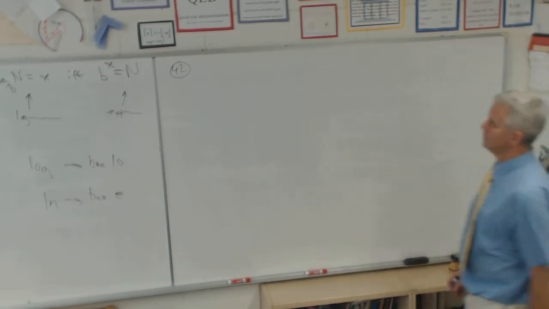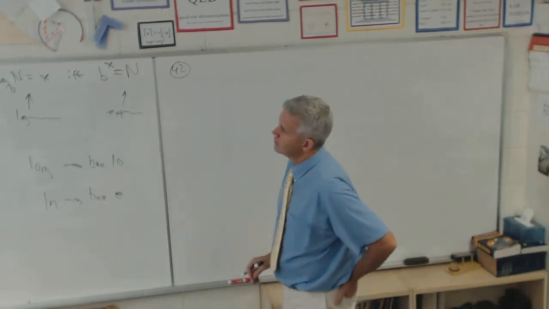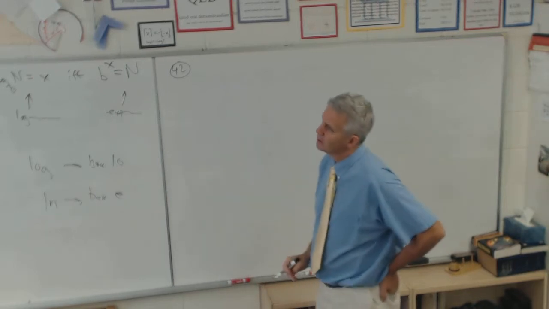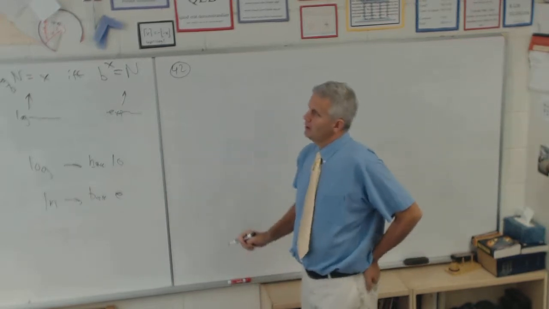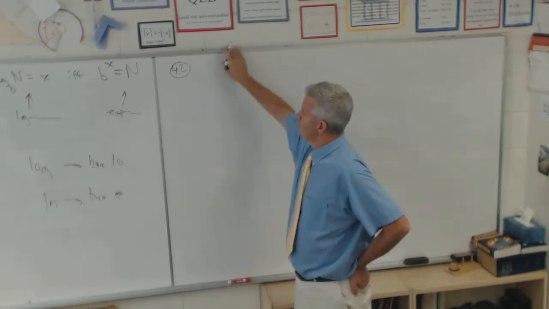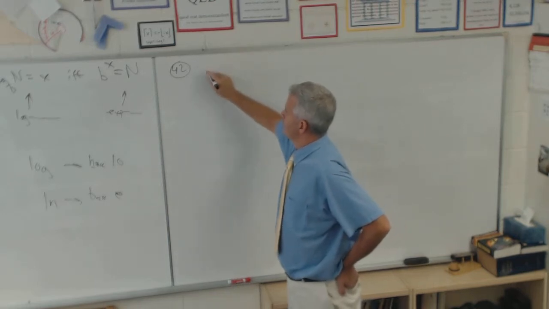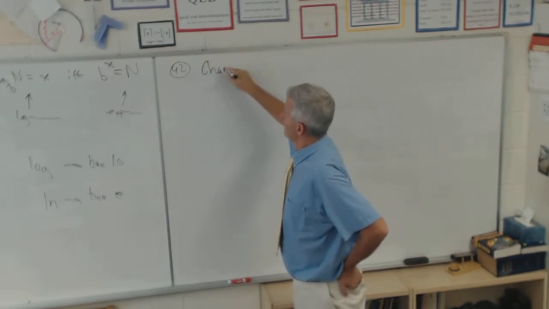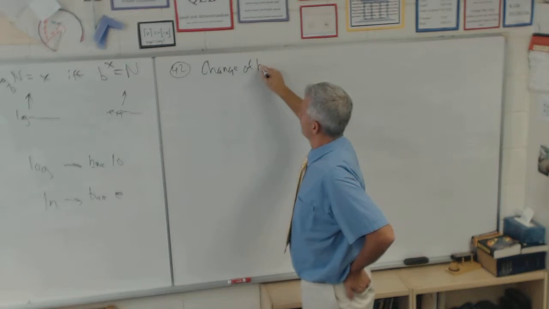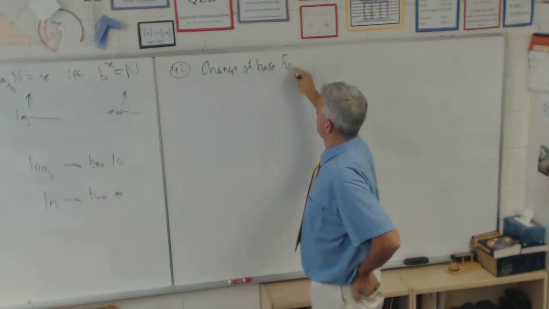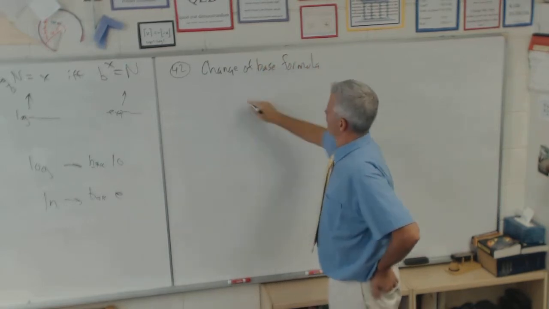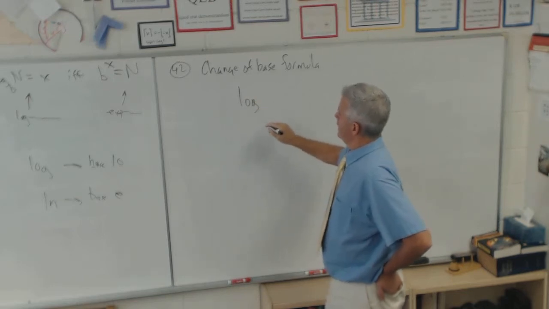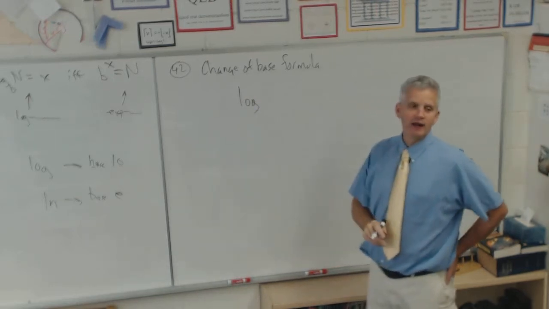Graph the function on the same screen of the graph utility, using the change of base formula where needed. 42. Derive the general change of base formula. Go ahead. How do they say it?